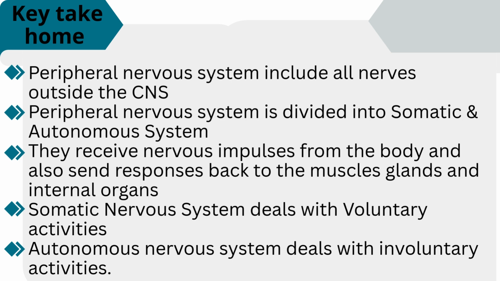They receive nervous impulses from the body and also send responses back to the muscles, glands, and internal organs. Somatic nervous system deals with voluntary actions or activities, while autonomous nervous system deals with involuntary actions or activities.